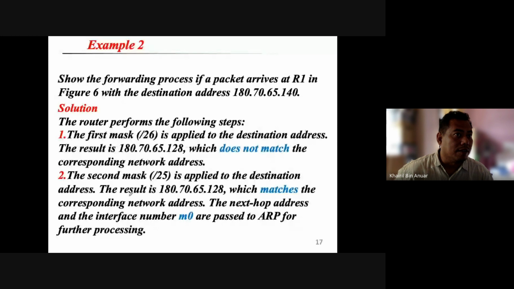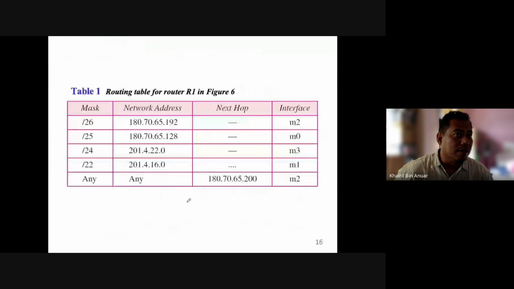It will then try the second mask and apply it to the destination address. The result is still 128.65.128, but it matches the corresponding address. So the next hop address and the interface M0 are passed to ARP for further processing. You need to identify which is the next mask.